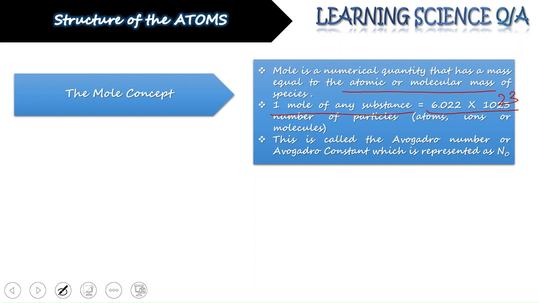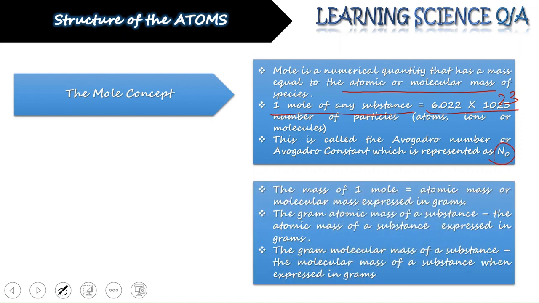And if we are talking about 1 mole of any molecule, it will have 6.022 into 10 raised to the power 23 molecules. More conveniently, this is also known as the Avogadro number or the Avogadro constant and is also expressed as N naught.